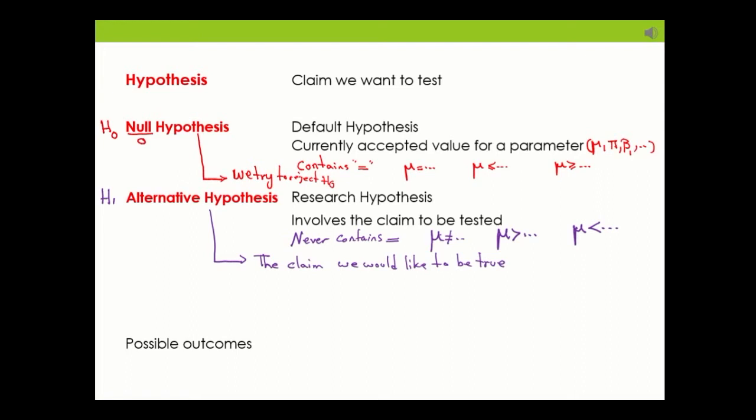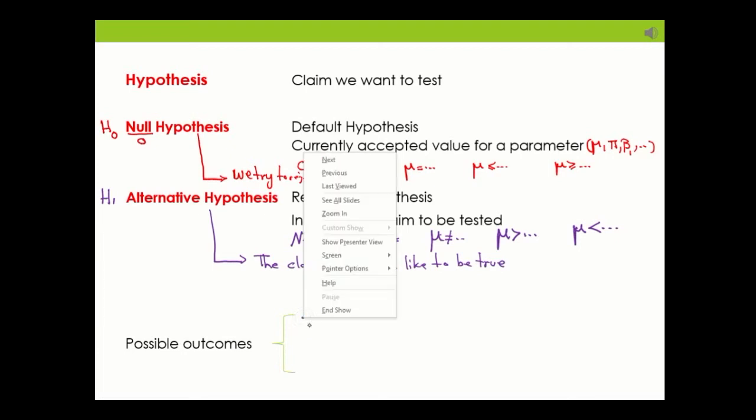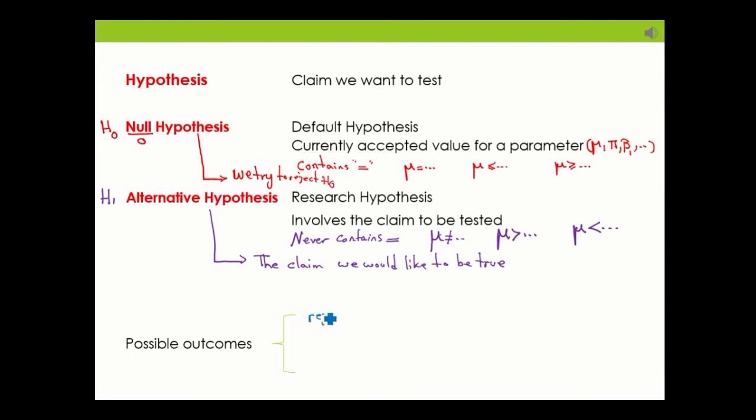So there are two possible outcomes here. One of them is that the sample provides enough evidence against H0 and we reject H0. If I reject H0, it means that H1 is correct. So it means we prove H1.